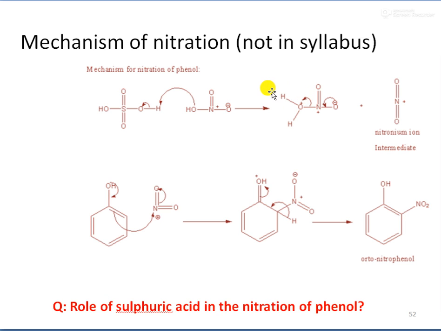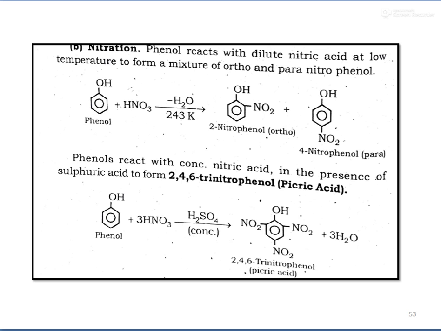This will be easily released and the NO2 group will be free. So the intermediate is a nitronium intermediate, having a positive charge at the nitrogen, so it can readily attack at the electron rich center of the phenol. So this is the role of sulfuric acid in the process of nitration.